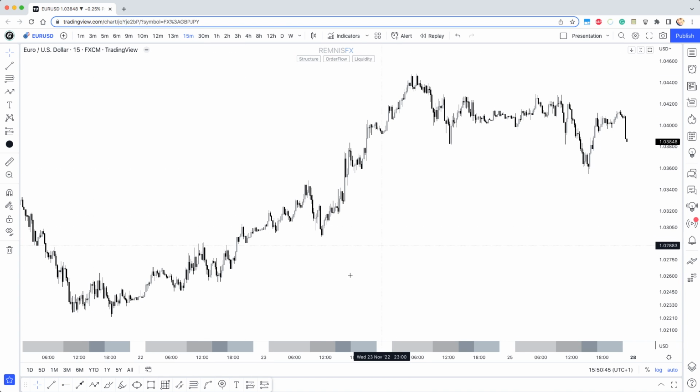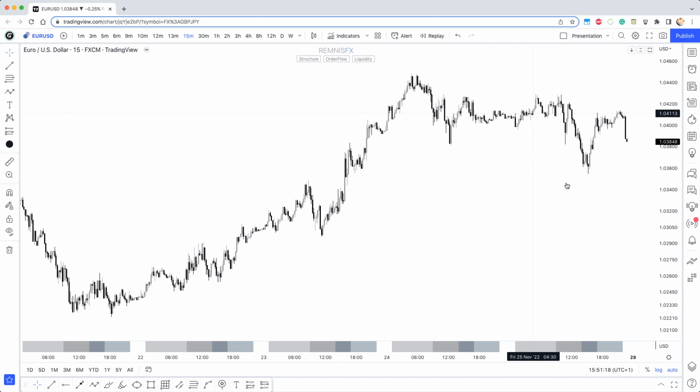Looking at what happened in the last week, we are here at the beginning of a Monday, November 22nd, sorry. From the 15-minute time frame, we can see that price was pretty bullish the whole week.